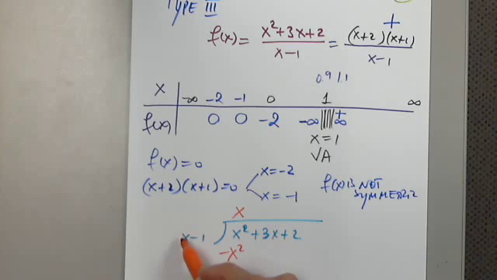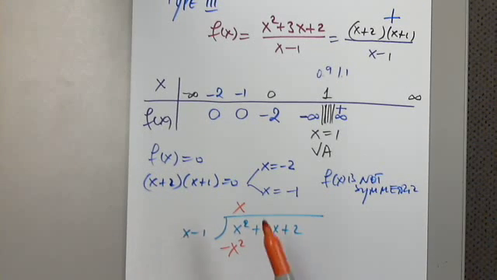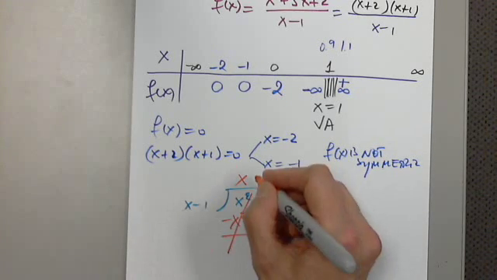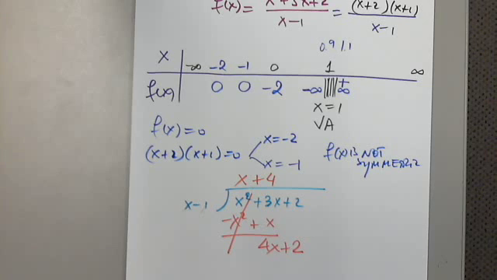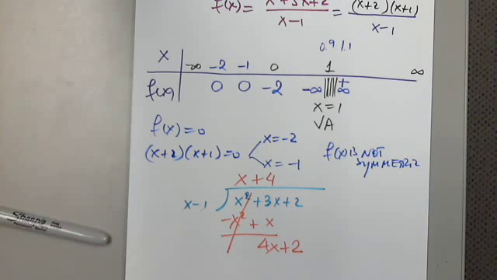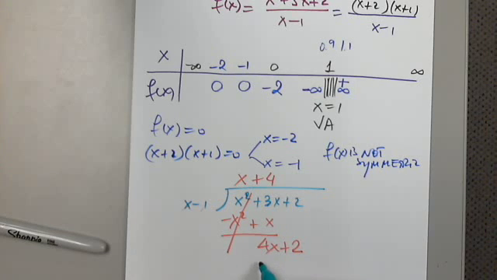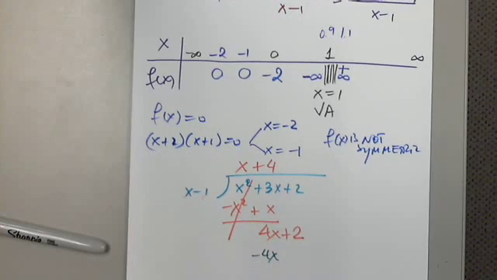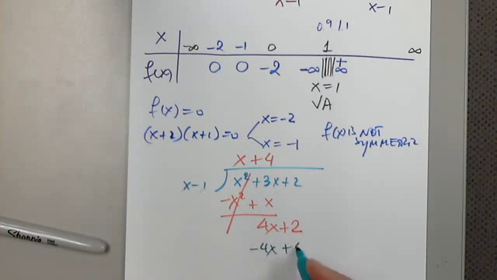Because it's positive x squared, we have to change the sign. And then I have negative x, but I have to change the sign. Bring down the next in line. Plus 4. At the top, we do not lie. So now 4 times x is 4x. I have to write that. Very good. And 4 times -1 is -4, and I write plus 4.